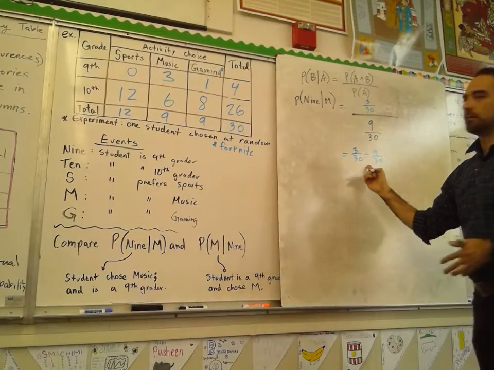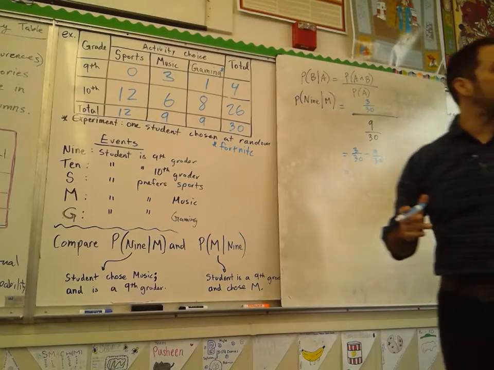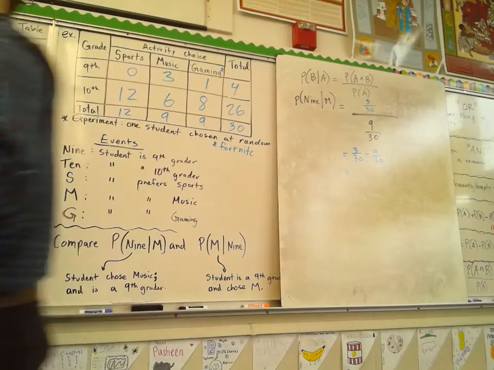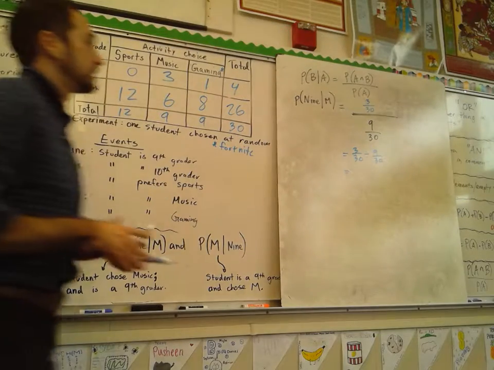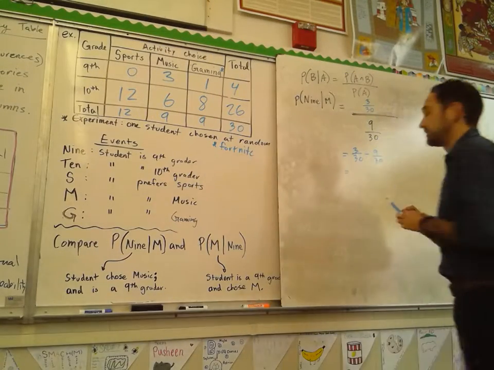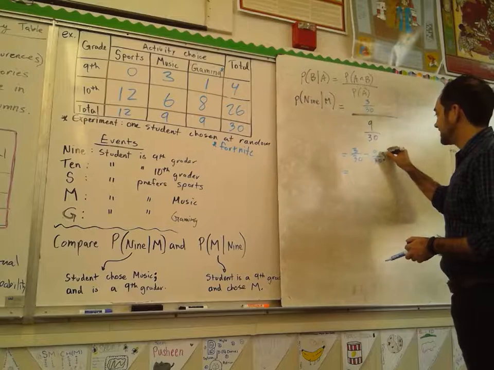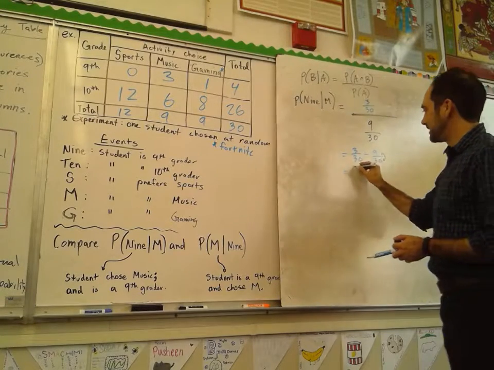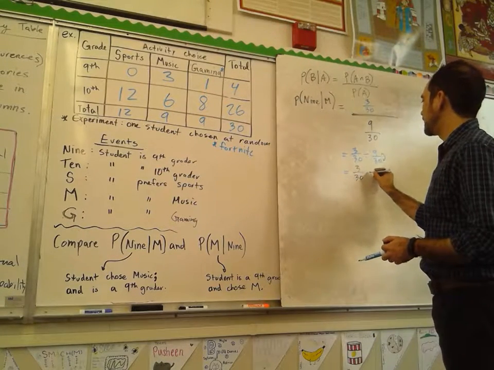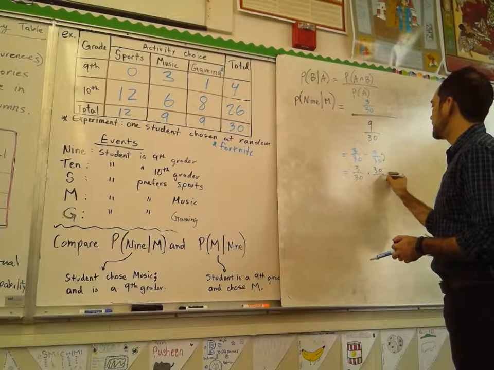What was the trick we talked about yesterday when we were dividing fractions? Flip it. So 3 over 30 times 30 over 9.